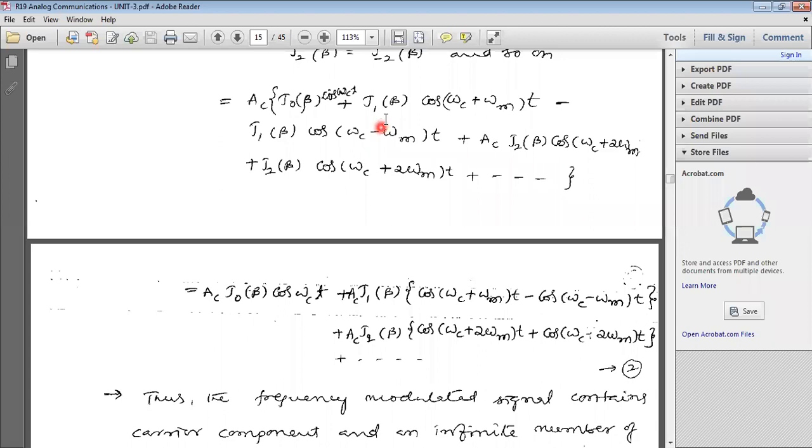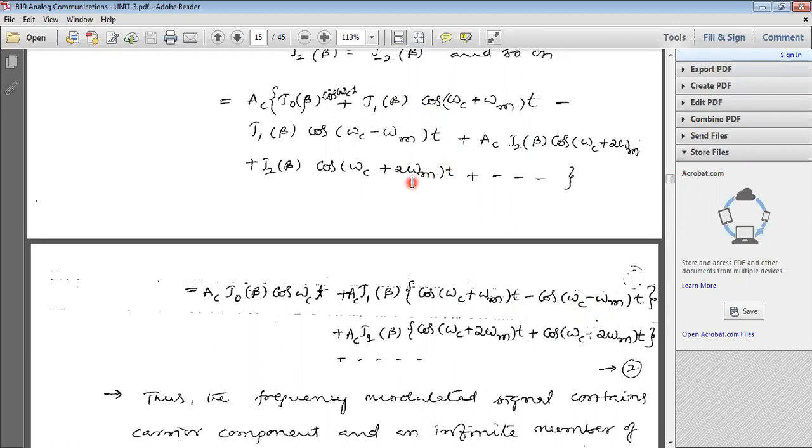If you take J1(beta) common from these two terms, Ac J1(beta), we have cos(omega c plus omega m) t as one term and cos(omega c minus omega m) t as another term.